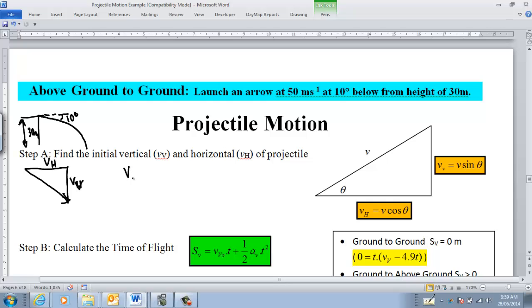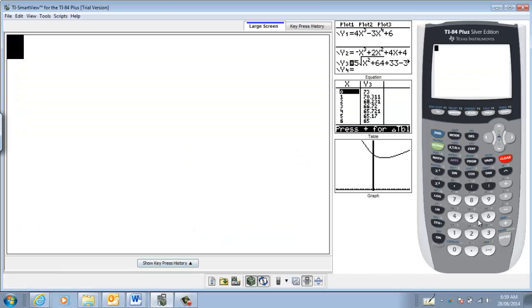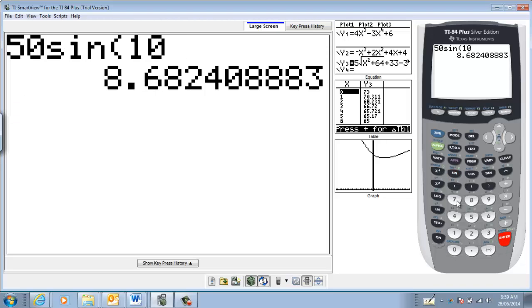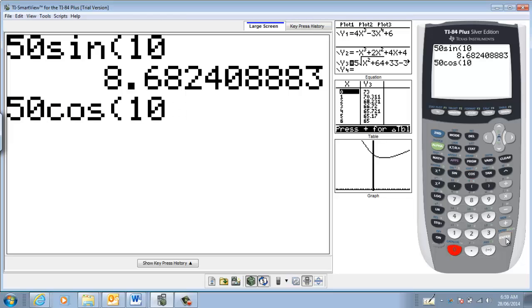So let's do it. V vertical is going to be equal to simply 50 sine 10, and our V horizontal is going to be equal to 50 cosine 10. So go to our calculator and do that. 50 sine 10, and 50 cosine 10 equals that.